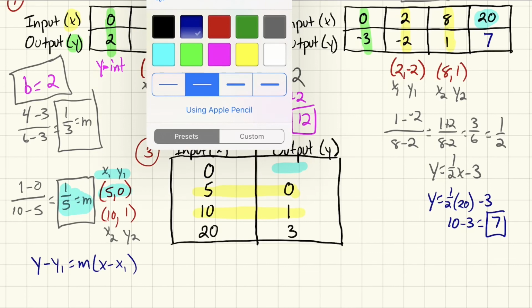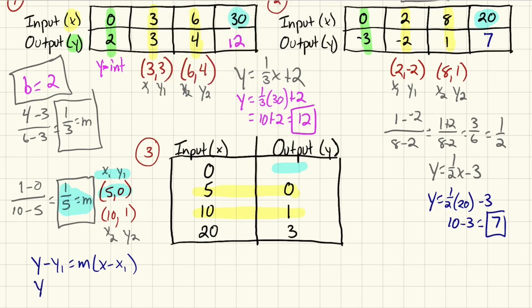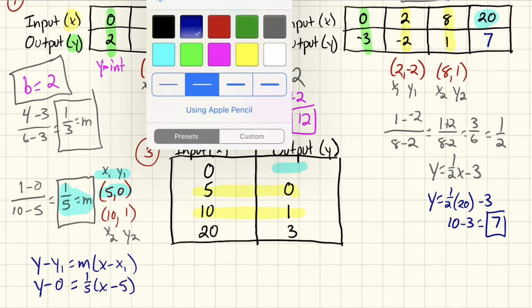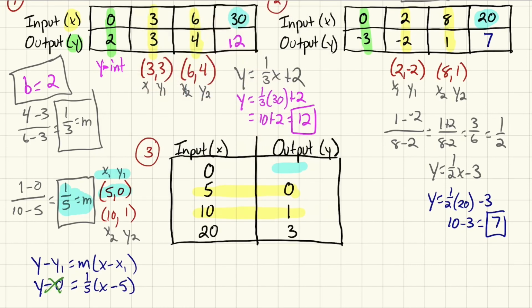Doing so, I get y minus 0 equals 1/5 times x minus 5. Okay? So we know that y minus 0 is, there's no math actually happening there, so I can just rewrite the problem as y equals 1/5 times x minus 5.